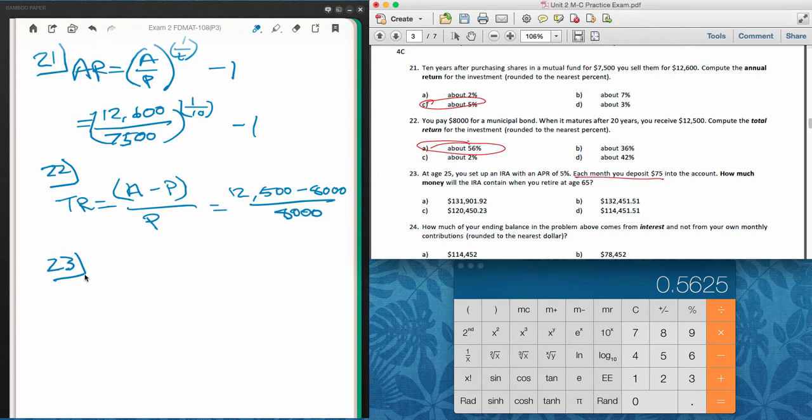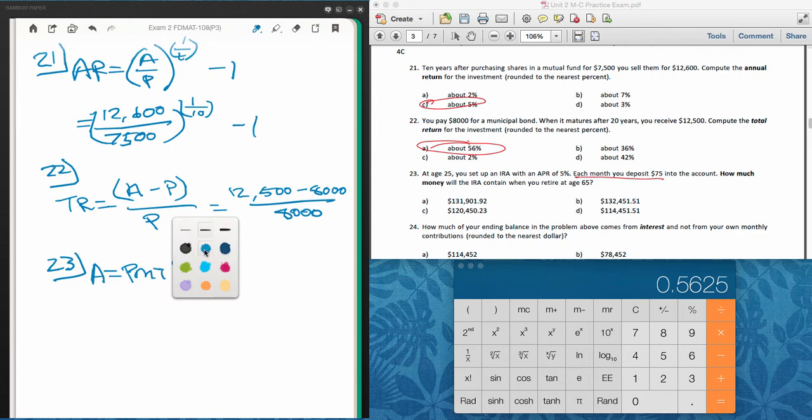Okay, so we're looking for the amount, and this is where I would go, since we have a monthly payment that we have to do, I would go look up this formula, unless you have it memorized. But we have the payment that we put in, okay, and then we're going to multiply it by the principal, 1 plus the rate divided by the number of compounds, raised to the power of number of compounds per year times t.